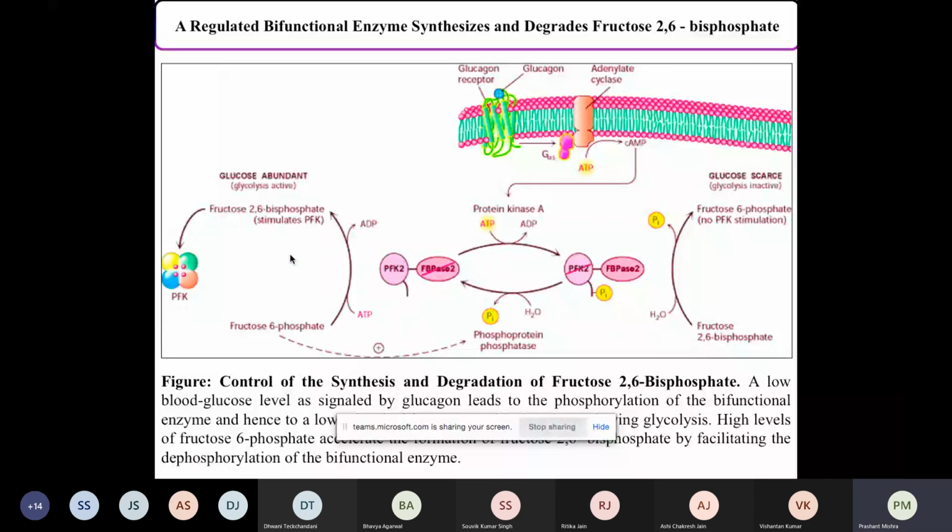One has to very clearly understand the difference between fructose 1,6 bisphosphate and fructose 2,6 bisphosphate. 2,6 bisphosphate is the one which regulates the enzyme, and 1,6 bisphosphate is the actual product of the reaction of phosphofructokinase 1.